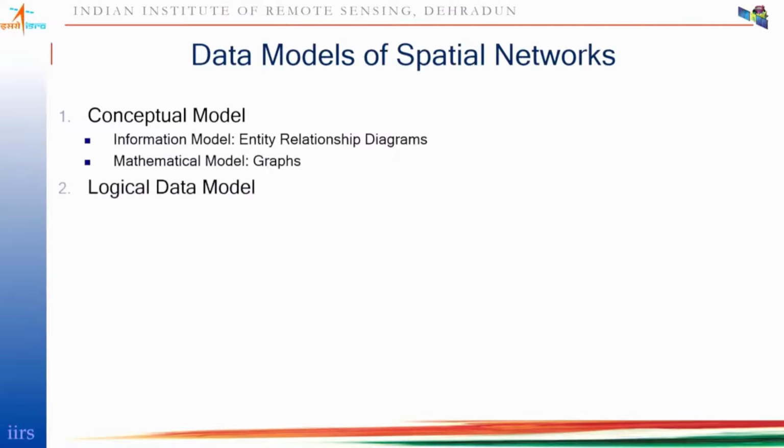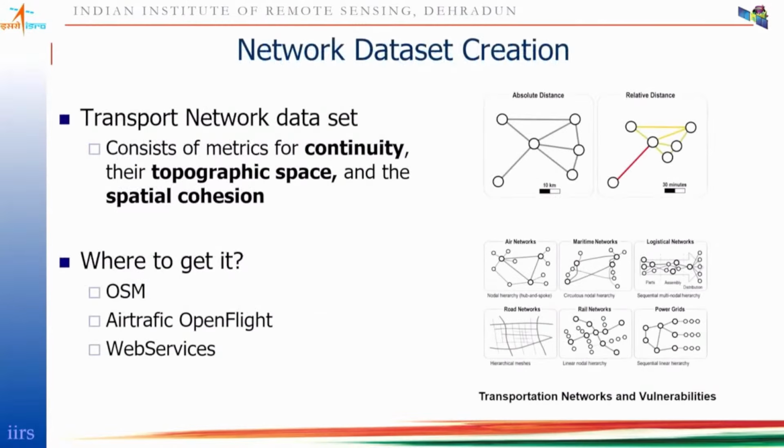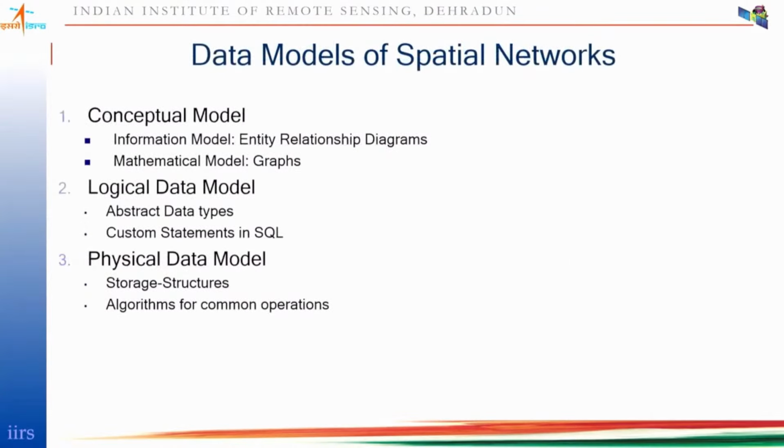Generally, whenever you want to carry out this analysis, you have to do some spatial modeling of your datasets. We call it conceptual or logical models and physical data model creation. The creation of databases or the network dataset is an example of a physical data model.